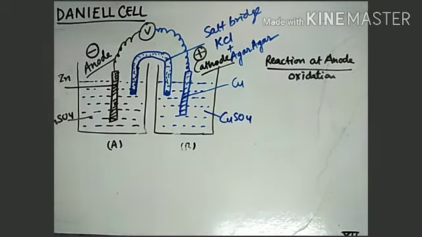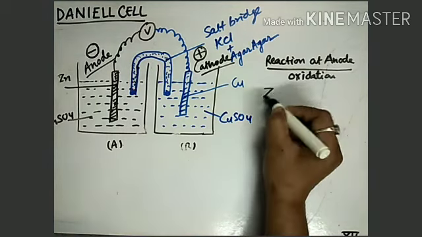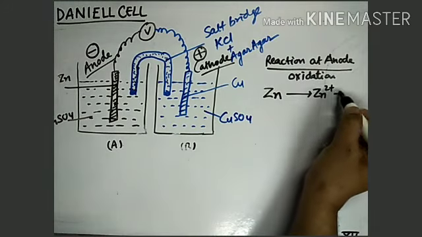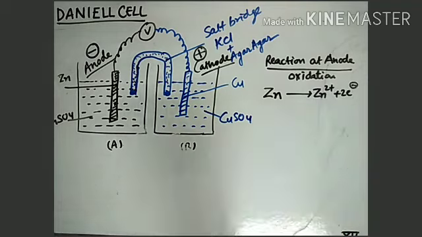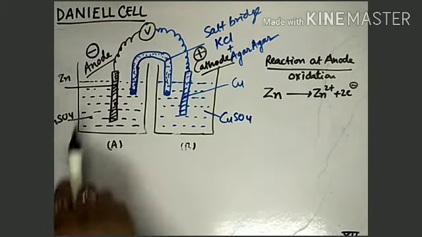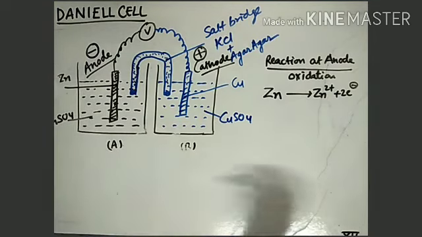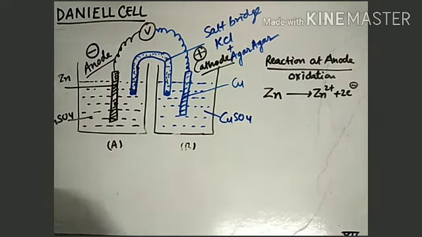What is oxidation? It's the removal of electrons. So basically the zinc turns into Zn2+ and 2 electrons are released into the solution. This is the oxidation reaction.